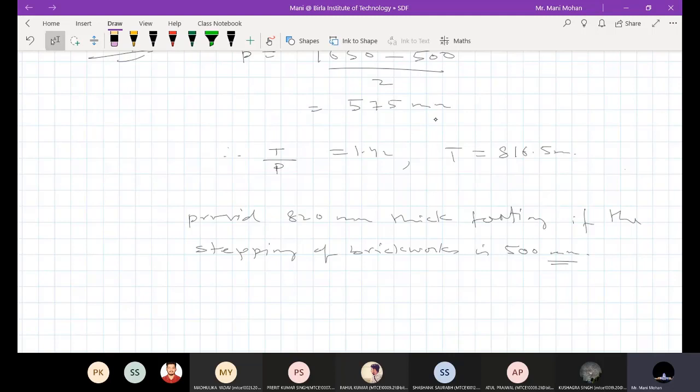So this is one of the efficient ways: just by increasing the brickwork stepping size, you'll be able to reduce the thickness of the footing. Okay. So I hope this problem is clear, and if you get this type of problem, I hope you would be able to solve it.